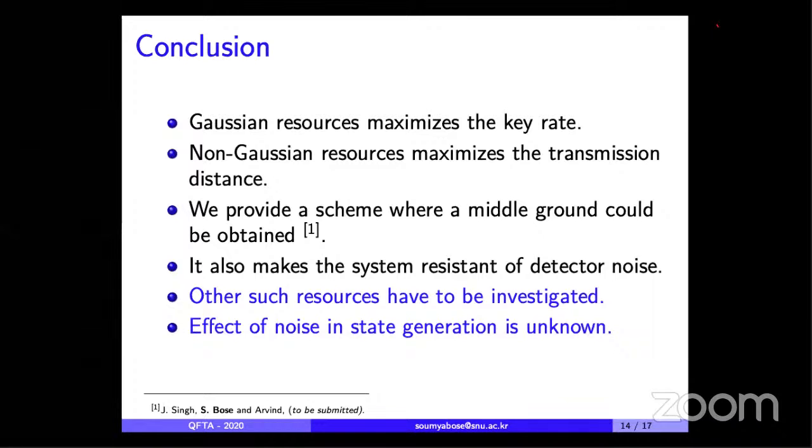That is, a long distance at a reasonable key rate. At the same time, this particular scheme makes the system resistant to detector noise. Given all these results, there are several other questions that are still open and we hope to pursue them in future.